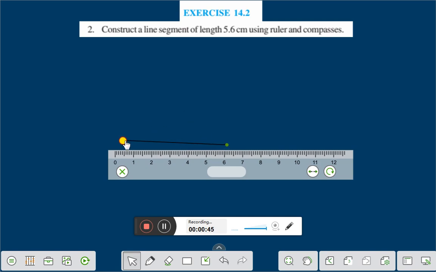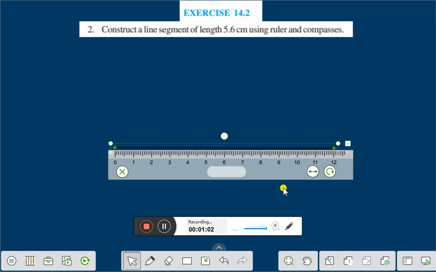You have to take 2 points, that is one point at 0 and any other point. Suppose we are taking this up to 12.